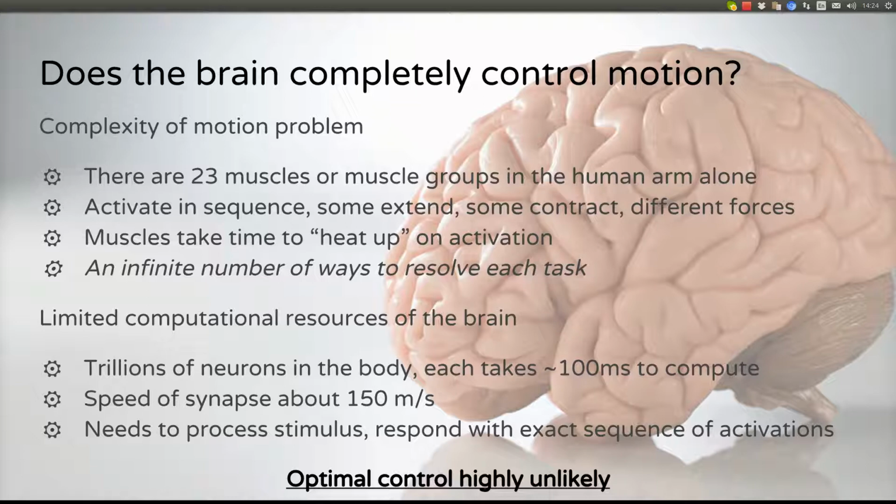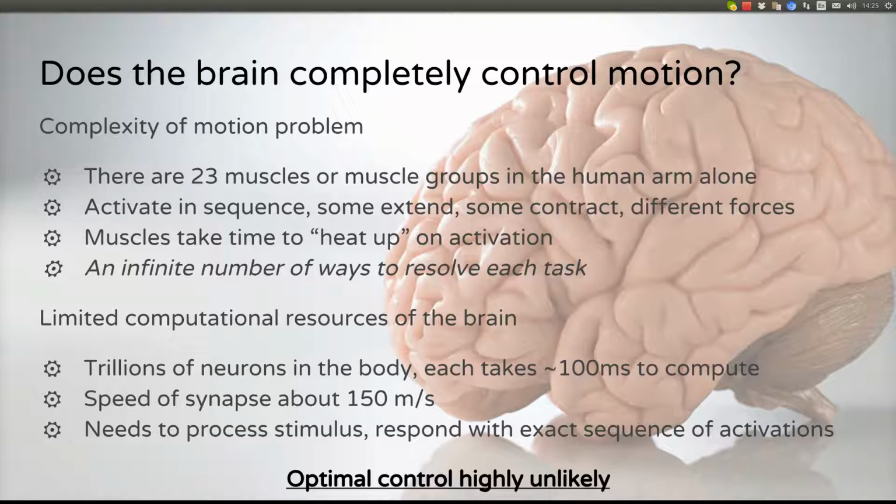And given the limited computing resources of the brain, the speed of the synapse, so I'm not 100% convinced by this 100 milliseconds to compute, but the speed of a synapse is about 150 meters per second. So if you consider the travel time of a message to be sent from the brain down to a muscle and then back up to the brain again in order to process, the ability to actually compute the response to a particular stimulus would be impossible based on the limitations of the synapses and the neurons in the human body.